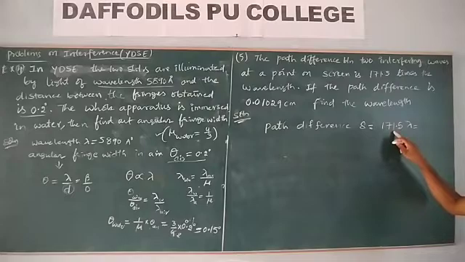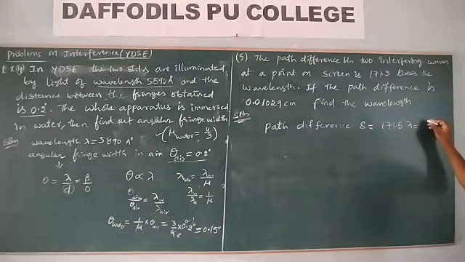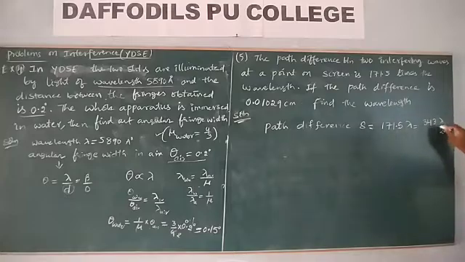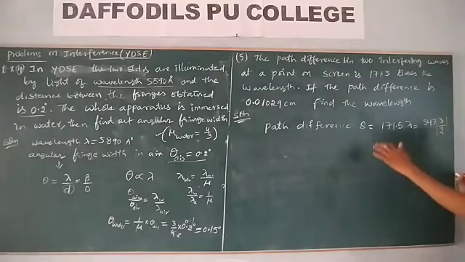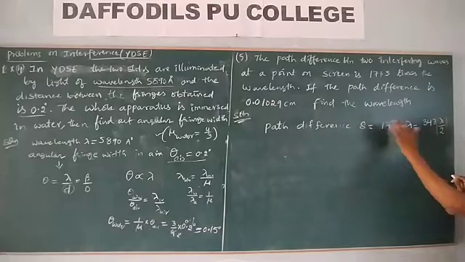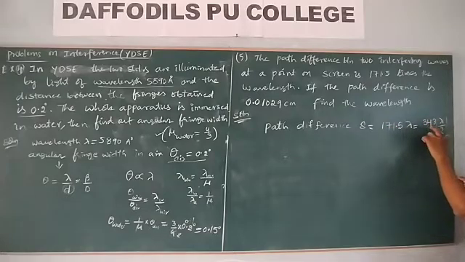You get 343 into lambda by 2. So this is what we can observe here. The path difference is an odd number; 343 is an odd number.